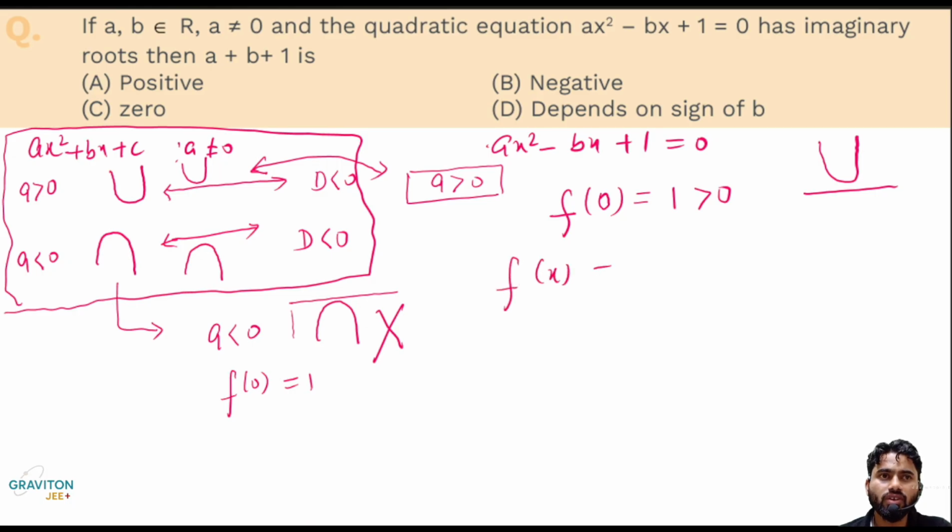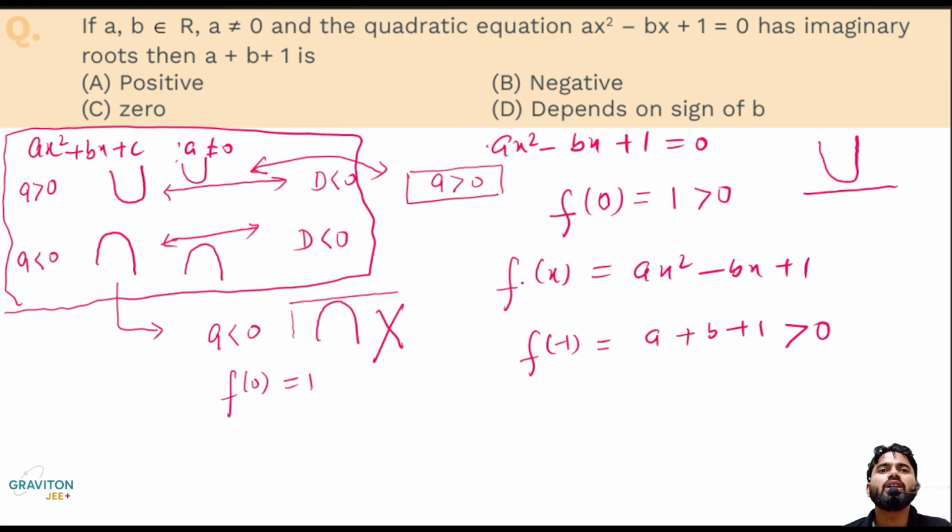Your f(x) equals x square minus bx plus 1, which is positive for all x, right? So if we put x equal to -1, it will become a plus b plus 1, which is always positive, right?